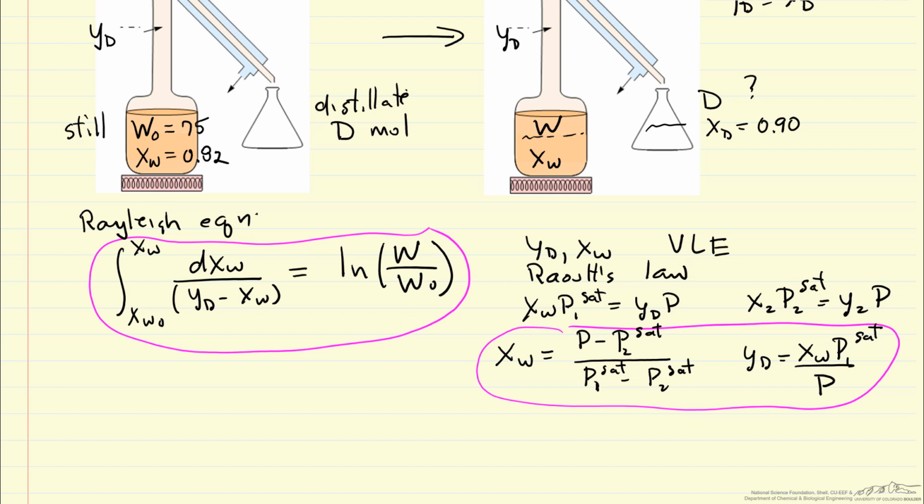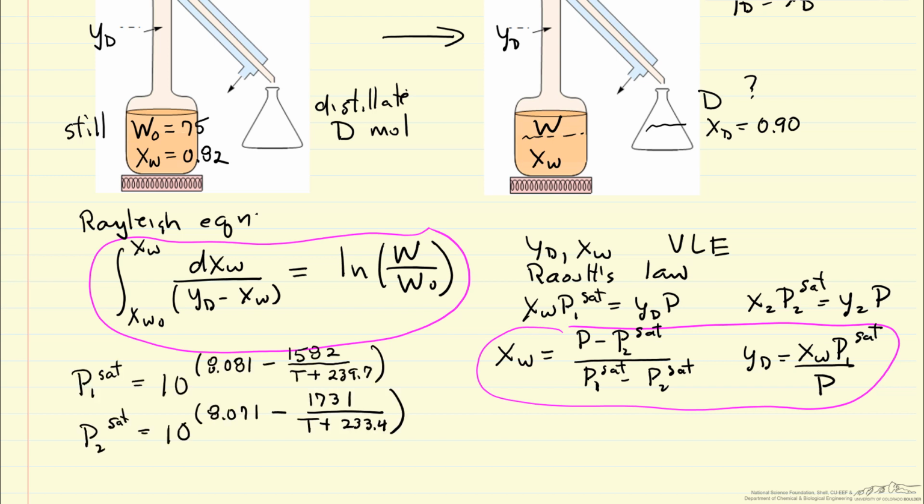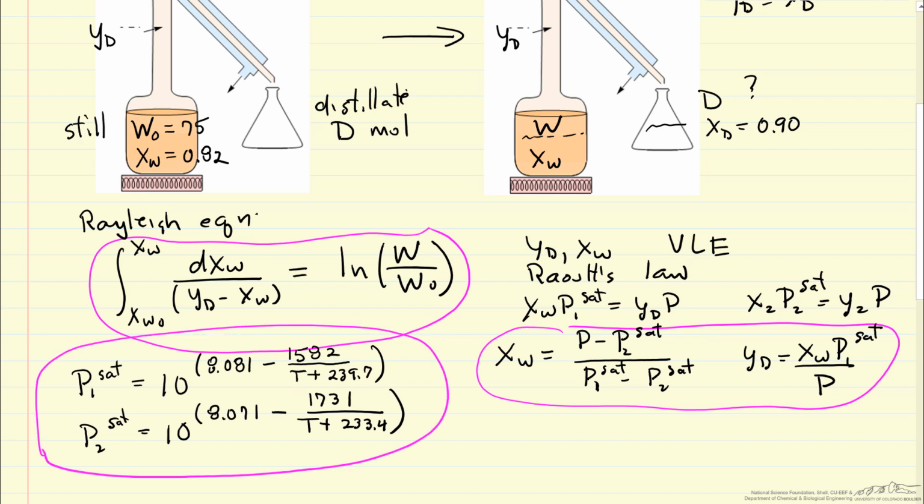So we have all the equations we need to solve together. So these two equations are Antoine's equation. We need to substitute these into here, and then substitute these equations into here and do the integration. This is what we're going to do numerically. Going to do that using Excel, and Excel then allows us to calculate W.